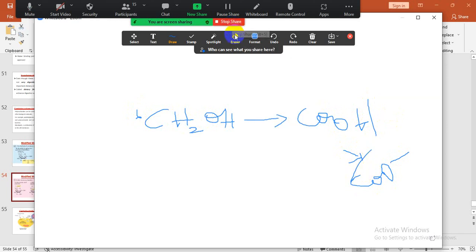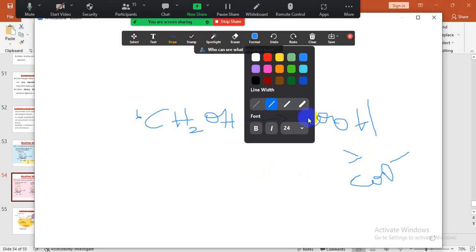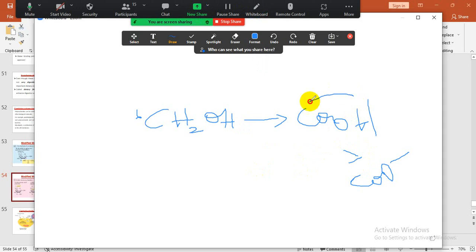Do you understand? So anytime you see COOH, it is called carboxylic acid.